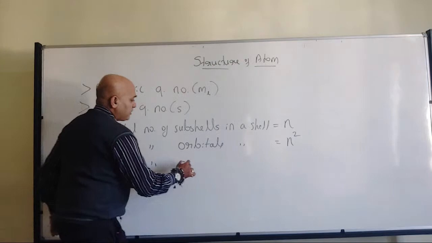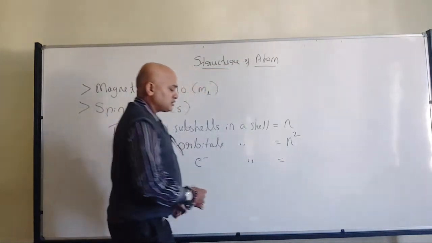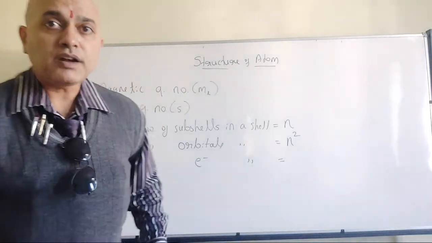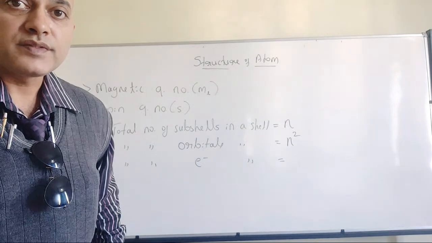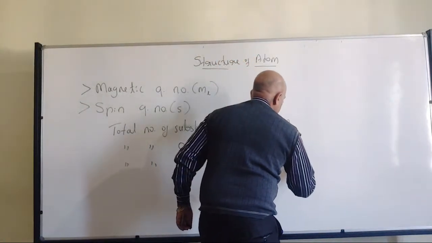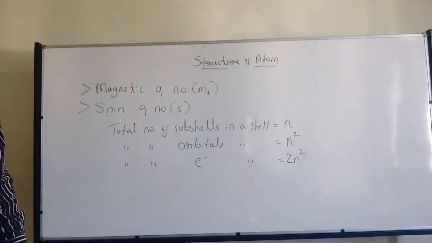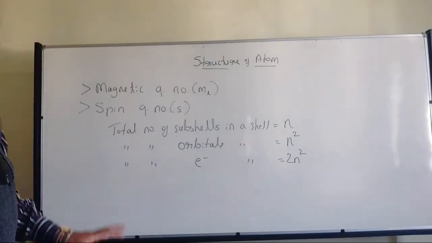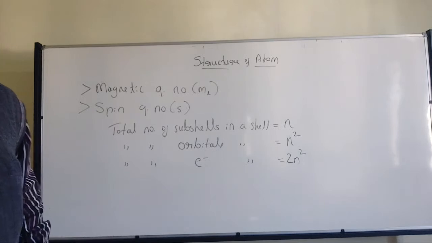So total number of electrons in a shell will be equal to, yes, very good, 2n square. That's where we have the important equations or relations. So this is with respect to a particular shell only.